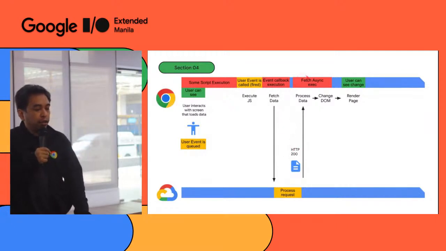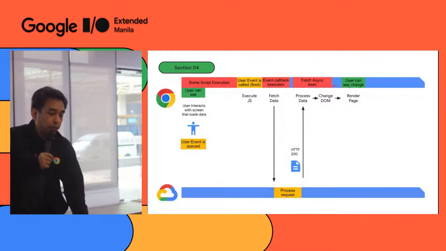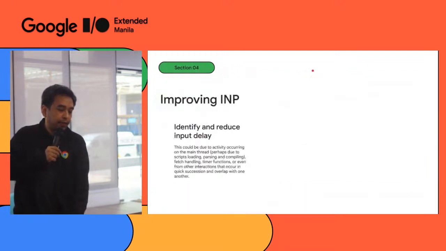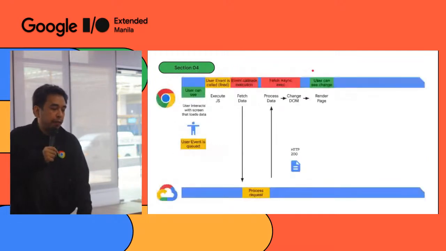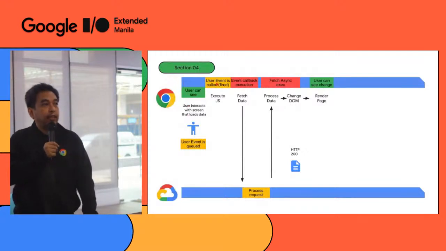And later on, fetch async execution, if there's a change on the DOM, tsaka pa lang magkakaroon ng change dun sa page. Itong buong to, yung score ng INP. Now, to reduce that, we reduce yung input delay by making sure that the main thread is free. So, anything na ginawa na agad ng user, ipafire na niya agad yung event callback.